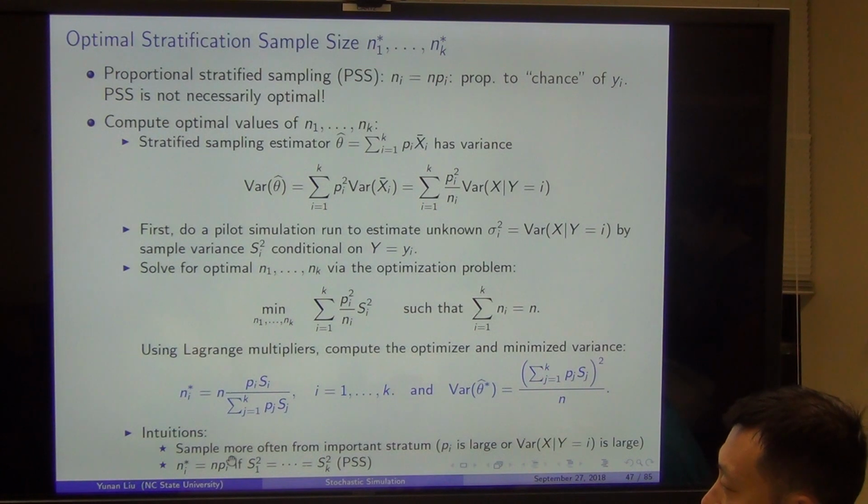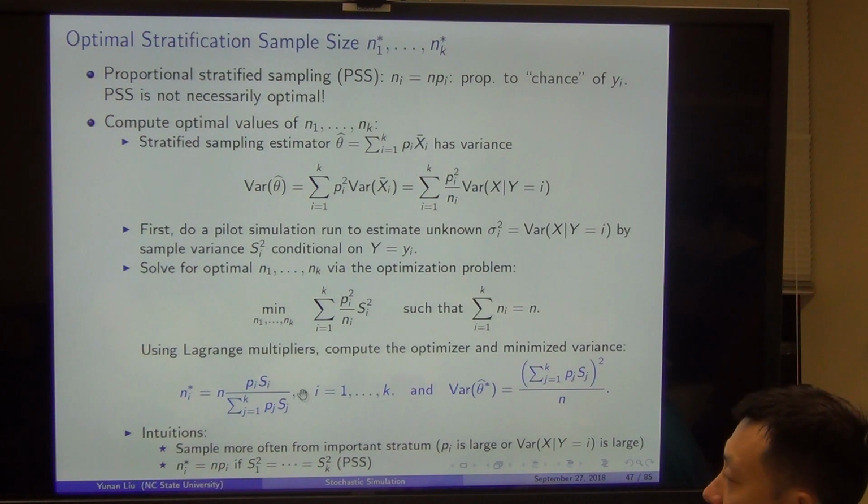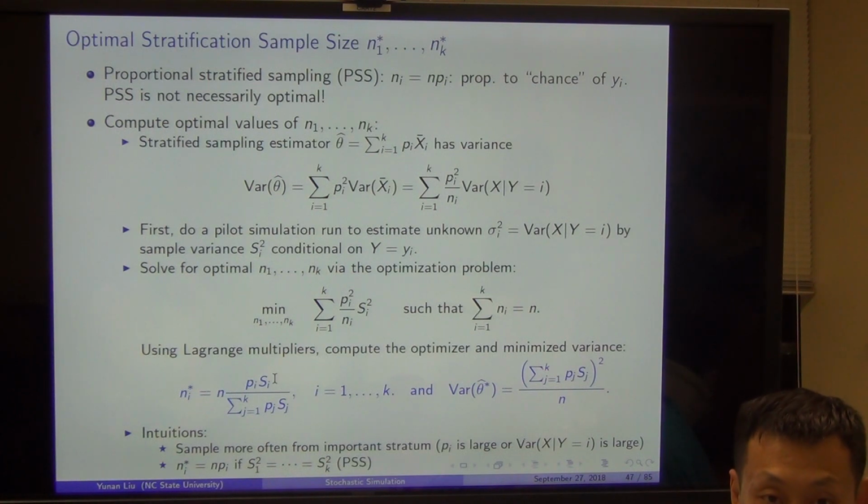This result says that you sample more often from the important region, important case, here we call it stratum. Stratum can be 1, can be 2, can be k. Which one is important, right? It's proportional to the probability, and it's also proportional to the standard deviation. So let's just say this conditional variance is identical across all i. Then this degenerates to the proportional stratified sampling, right?